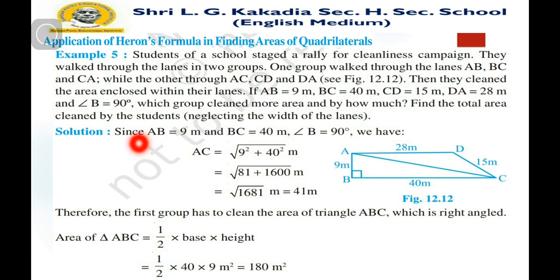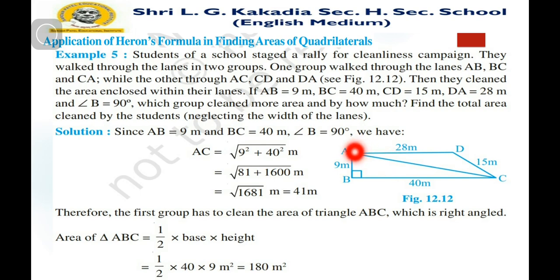Since AB is equal to 9, BC is equal to 40 meter, angle B is equal to 90, we have AC equal to square root of 9 square plus 40 square meter, which is equal to square root of 81 plus 1600 meter, which is equal to square root of 1681 meter, which is equal to 41 meter. So we have AC equal to 41 meter.